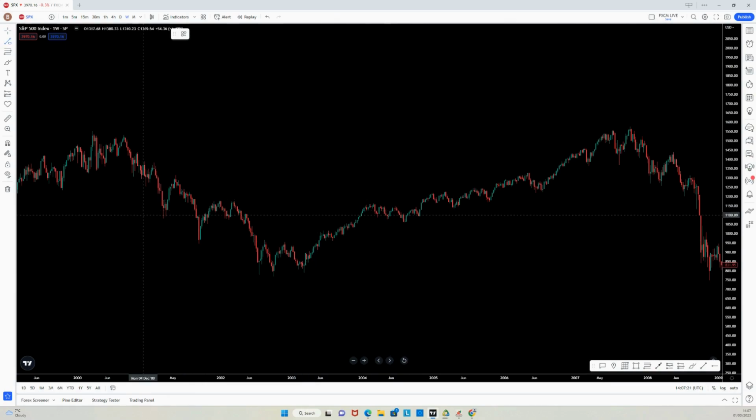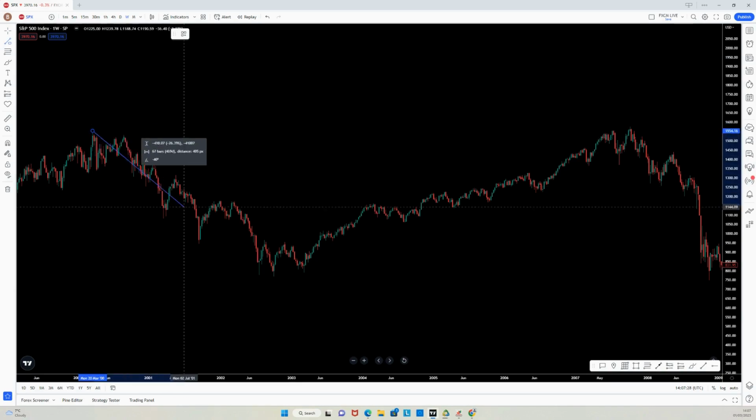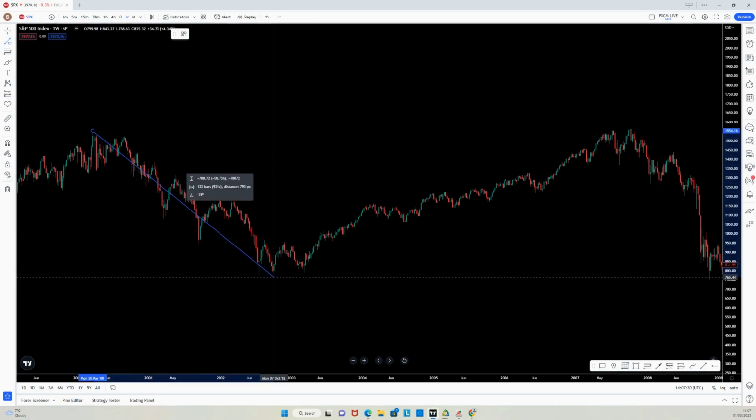I think it peaked at roughly $1,552 for one share of the S&P. Over the next 931 days, it constantly went down and bottomed at about 50% down.